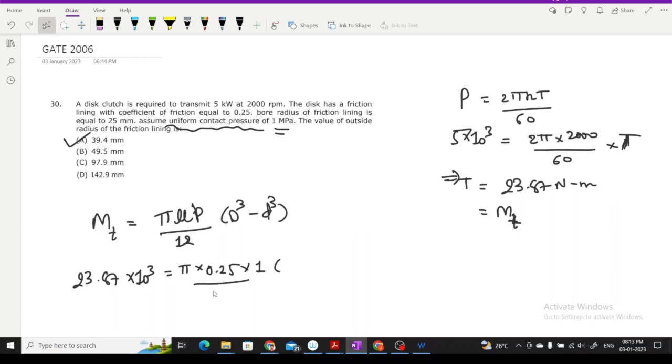So you need to calculate outside radius. So d cube is known, right? So small d will be 50, right? Because radius is provided, correct? Radius is provided as 25, right? So I have multiplied it with 2. Is it okay?